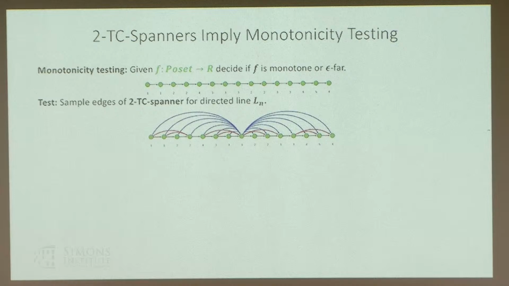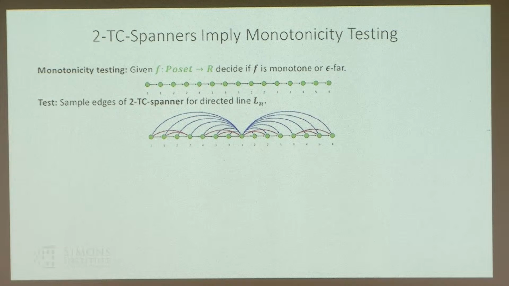So maybe the first test you think about is, pick two random vertices and check whether the labels are in order. It turns out that the previous testers for monotonicity can be viewed in the following way.